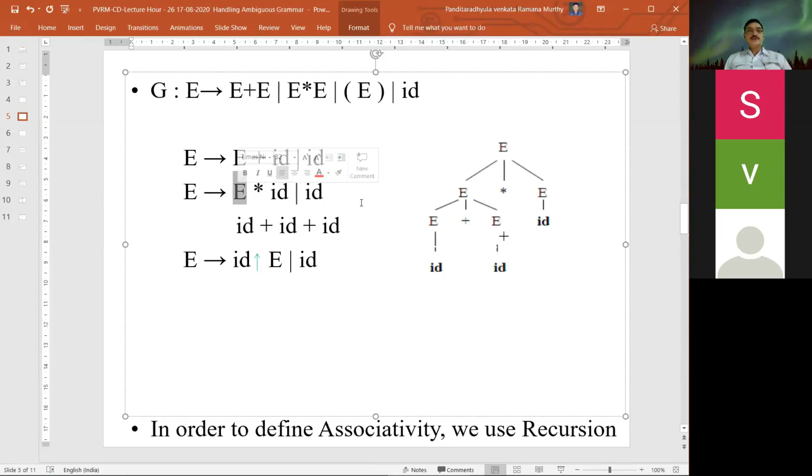There is no other non-terminal to expand for getting the result. So by redrawing this grammar using left recursion, we can implement associativity between the symbols.